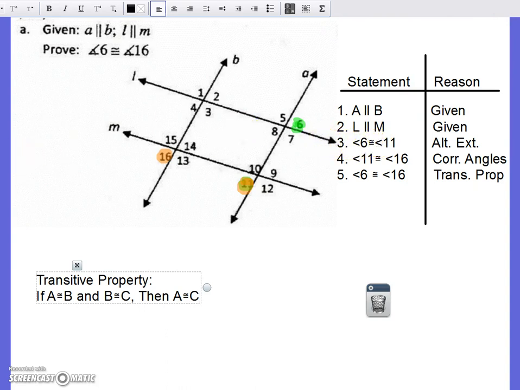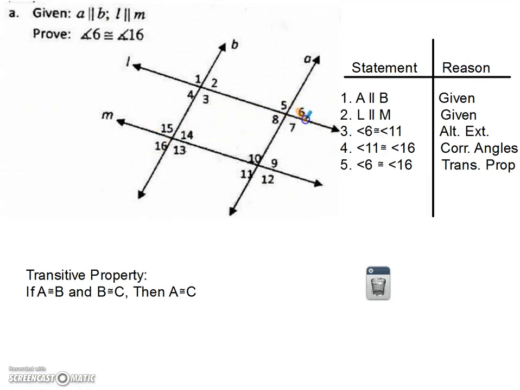Angle 6 is congruent to angle 11. Angle 11 is congruent to angle 16.